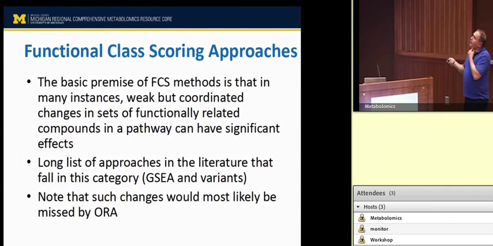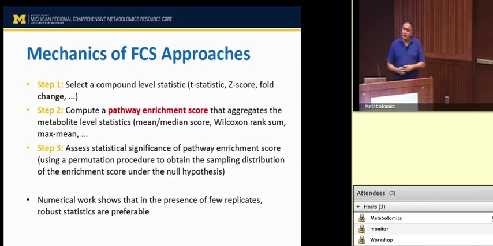And therefore, as I've already mentioned, such changes would most likely be missed by the overrepresentation analysis unless you open the threshold too much. So what are the mechanics, exactly how do these procedures work? There are lots of variants, and you need to read the fine print to see exactly which implementation is in the piece of software that you use.